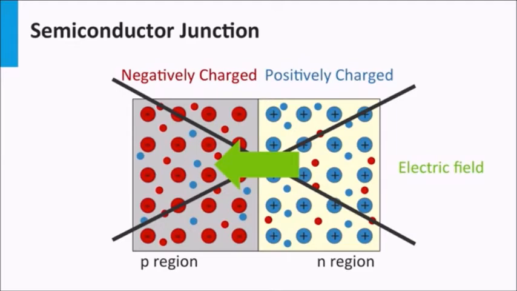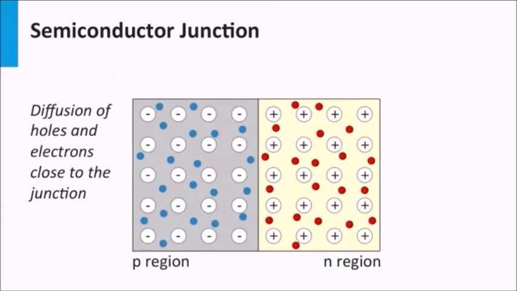This internal field over the depletion zone pushes holes back to the p region and the electrons back to the n region. So, what happens in reality? At the interface region, some holes will diffuse to the n region and some electrons will diffuse to the p region. As the diffusion length of holes in n-type is short, they will soon recombine with one of the majority electrons.